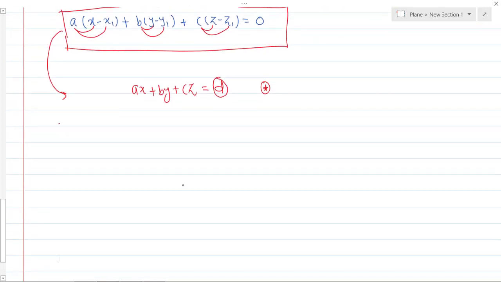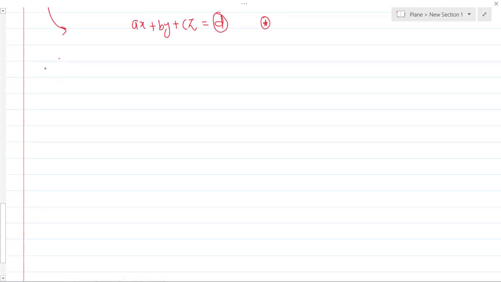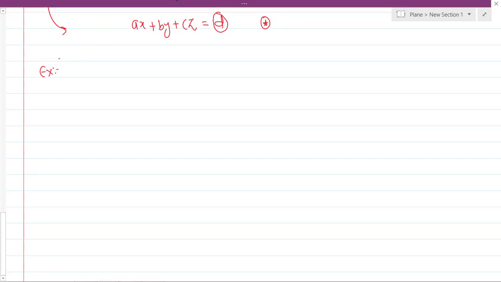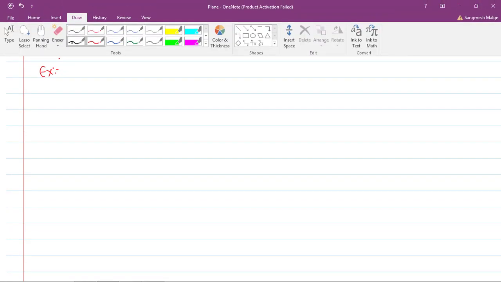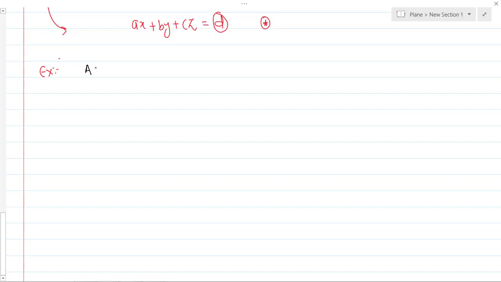So let's take a simple example. Let the point A be 2 comma 1 comma 7, and the normal vector n bar is equal to 3i minus 2j plus k.